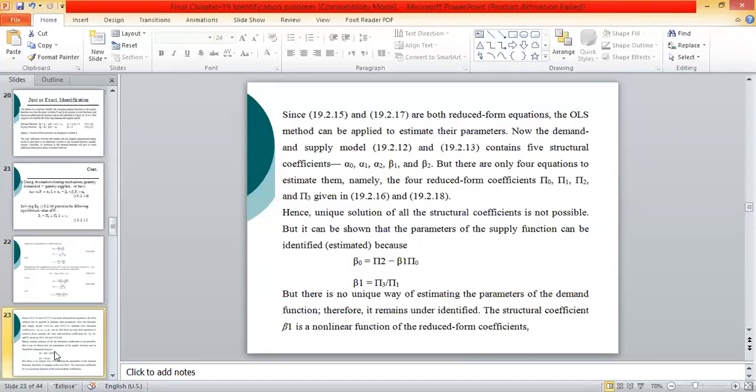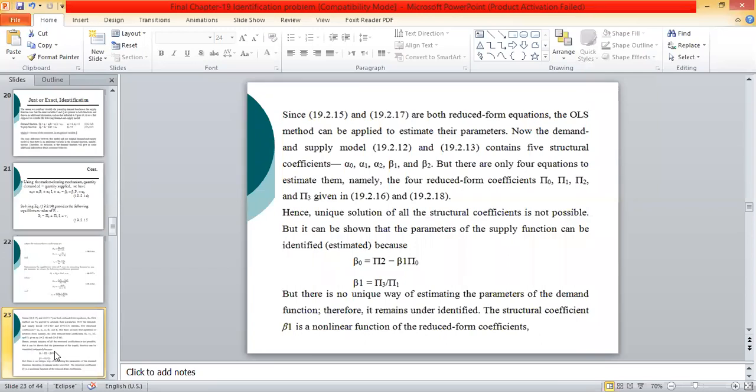Looking at equations 19.2.15 and 19.2.17, both are reduced form equations, one for the endogenous variable price and the other for the endogenous variable quantity. The OLS method can be applied to estimate the reduced form equations. Why do we apply OLS to estimate the reduced form equations?